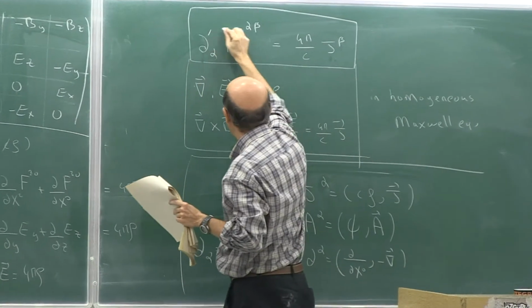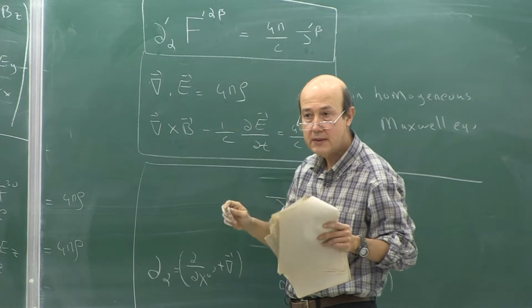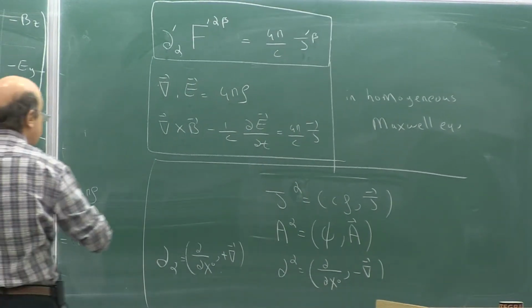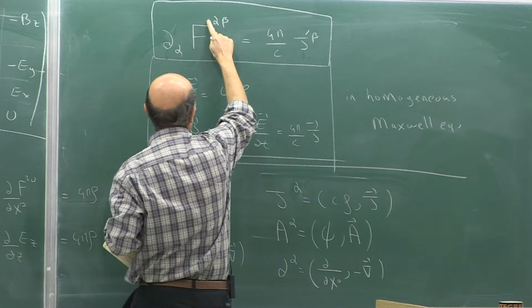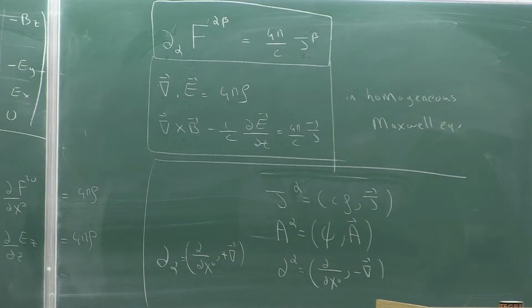Let's say prime. Okay, the form is the same if you go to different coordinate systems. So everywhere is the same. In every inertial coordinate system, you will get the same structure of the Maxwell's equations. So that's why it's called covariant.